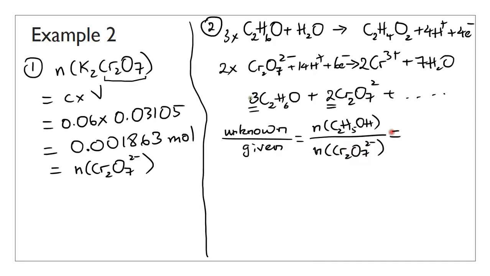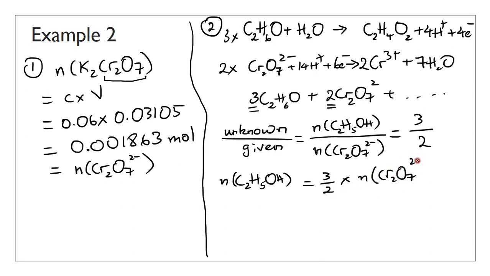The ratio is 3:2 according to the equation, which means that the number of mole of ethanol is going to be 3/2 times the number of mole of dichromate ions, and that is 3/2 times this number, 0.001863.